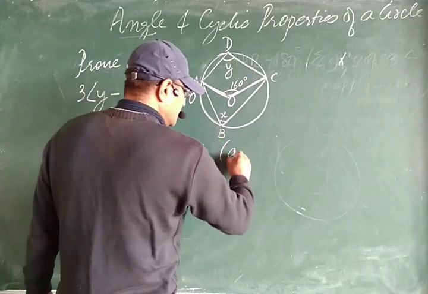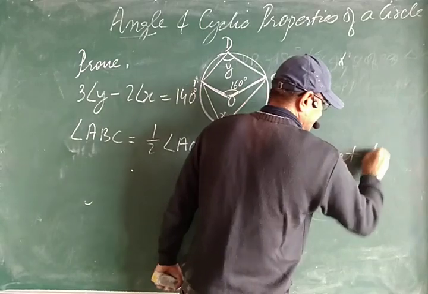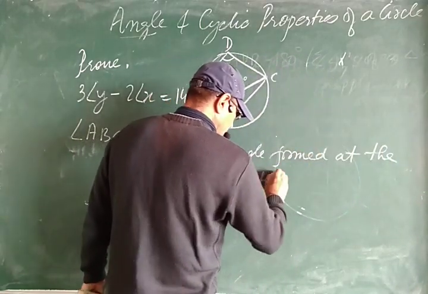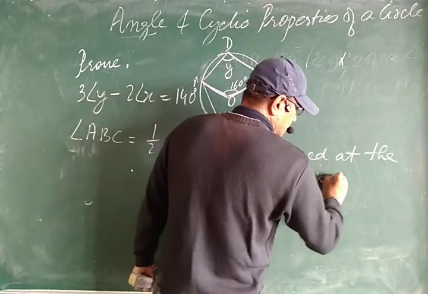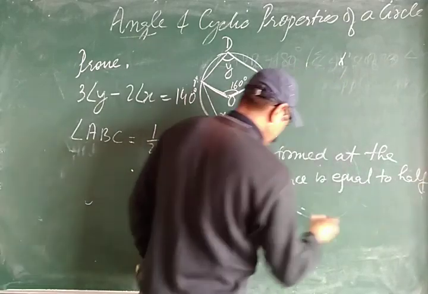The reason we can write: angle formed at the circumference is equal to half the angle at the center.